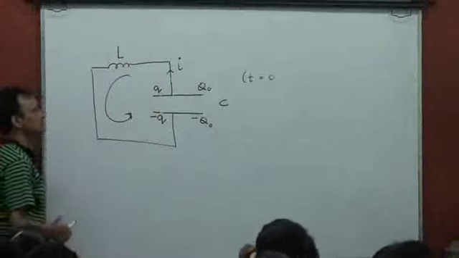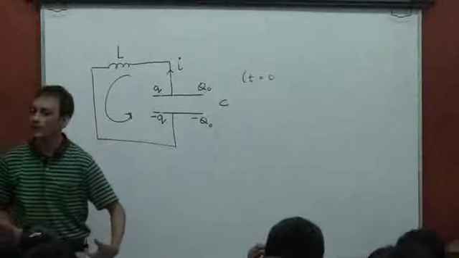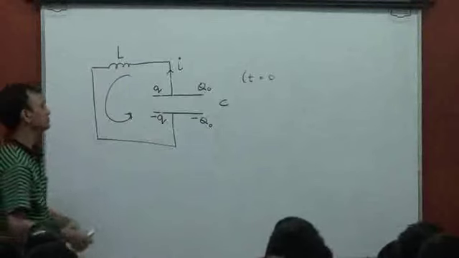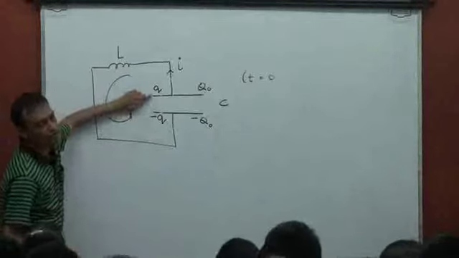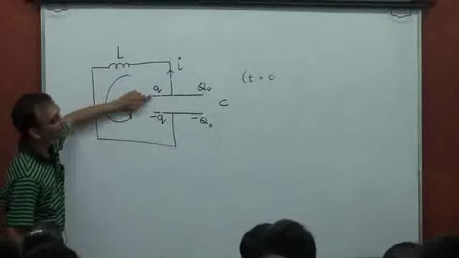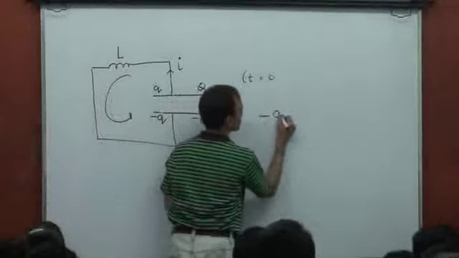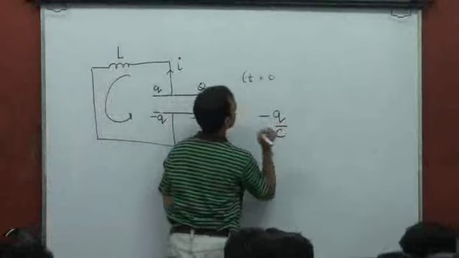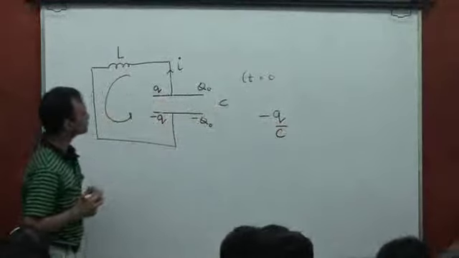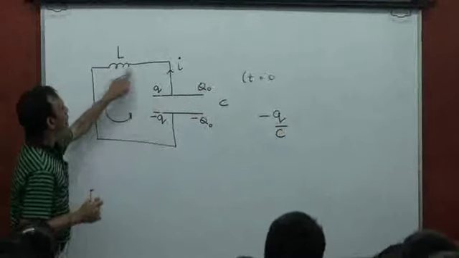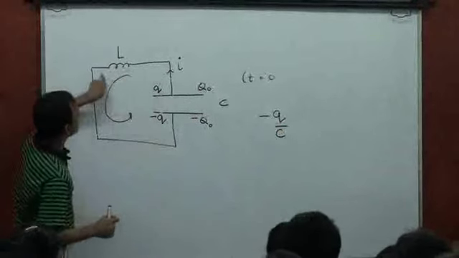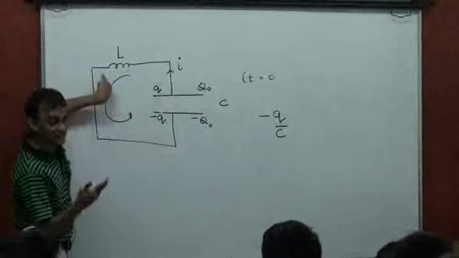At all instants, I could jolly well apply KVL to the loop. So now from here to here, what's the drop? Minus Q by C is the drop. Now, as I passes through this, the drop here will be L di dt.